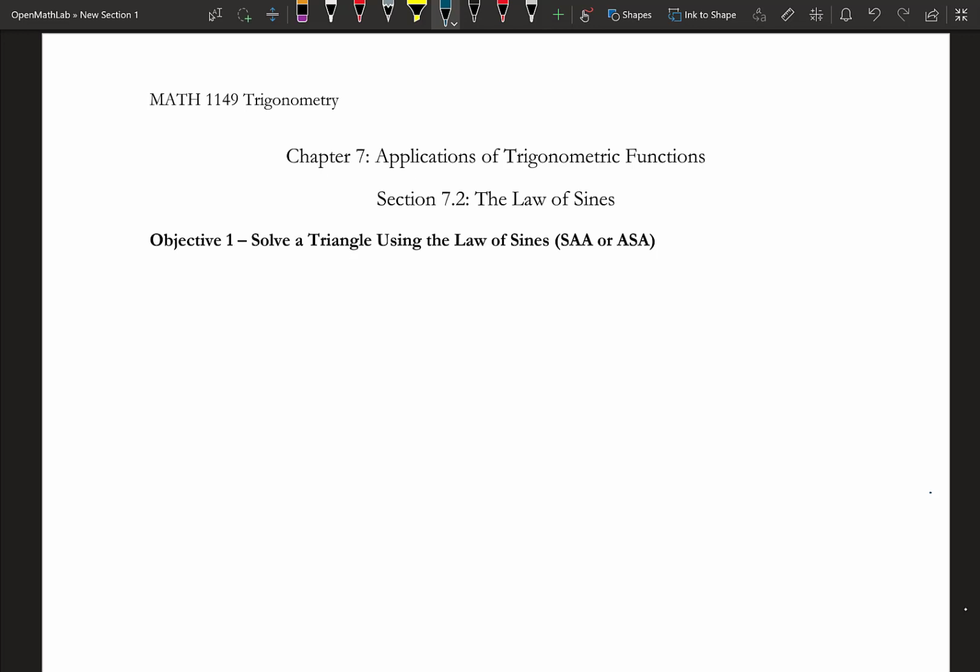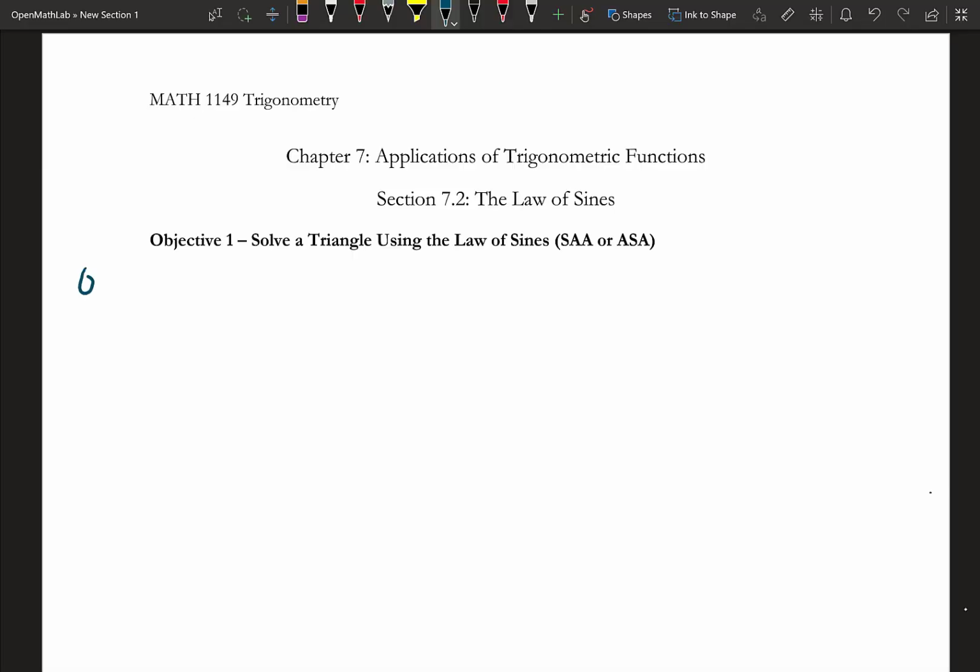So in this section, and actually in the next section, we're going to look at non-right triangles, right? Our focus so far in the class has been mainly on right triangles. Now we want to switch and focus on non-right triangles, which are called oblique triangles.